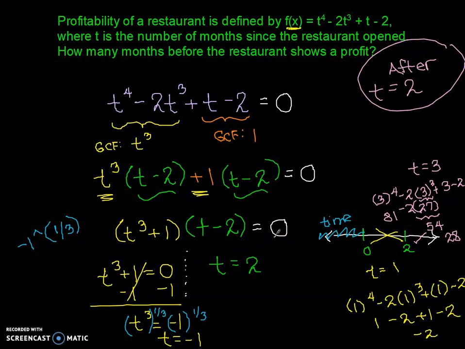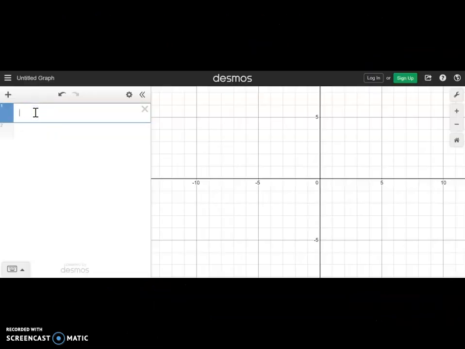So now with all this stated, I would also like to show you on Desmos how you can evaluate it from here. Look, we have Desmos here. If I type in our actual function, which we had before, which is y equals x to the third power minus 2x to the second power plus x minus 2.